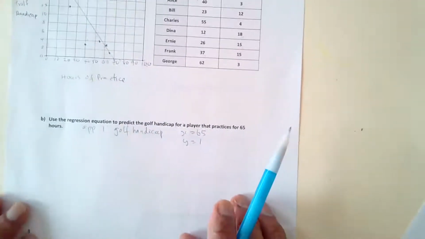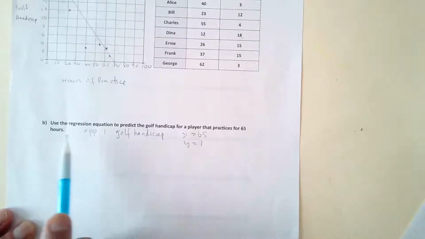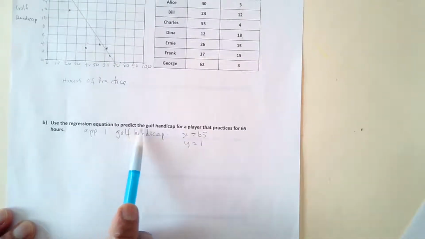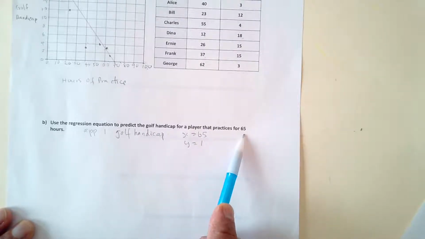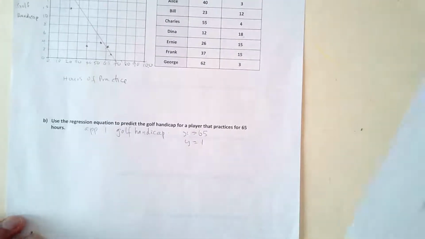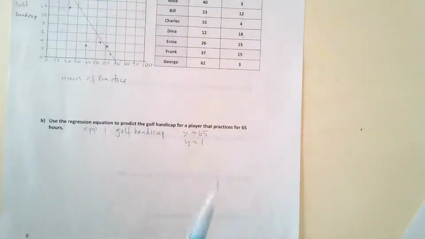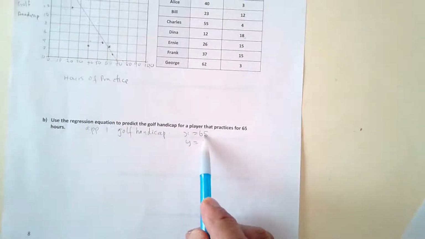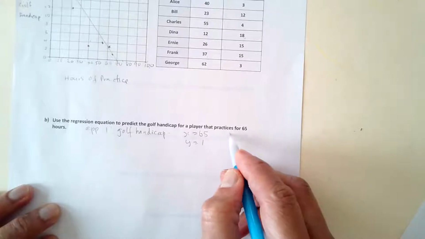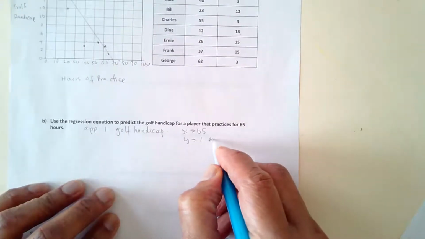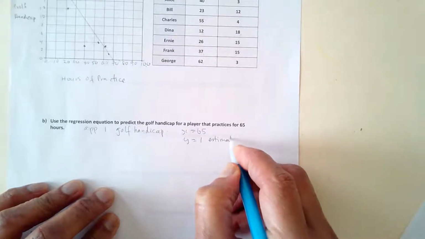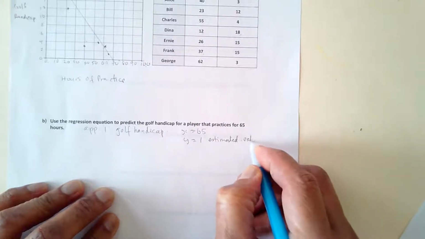Now, the question comes up. Use your regression equation to predict the golf handicap for a player who practices for 65 hours. This is where we want to find the y value when we know the x. So I'll rewrite this here. This is our estimated value.